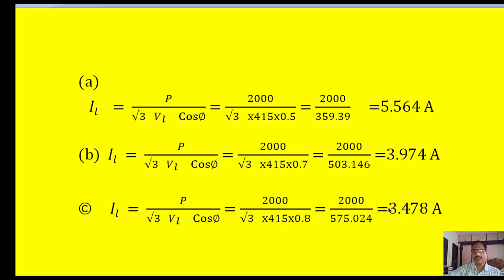When the current carried by the conductor reduces, automatically the diameter of the conductor also reduces. So higher power factor always reduces the cost of the conductor that we use in the circuit.